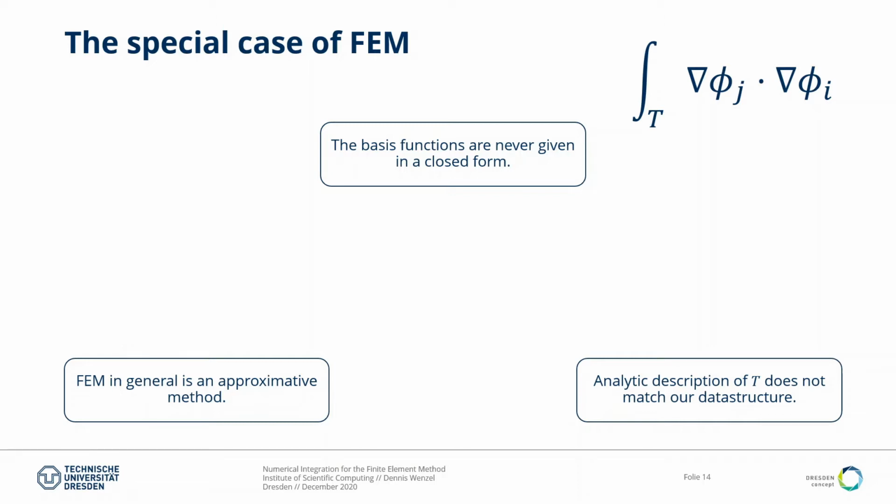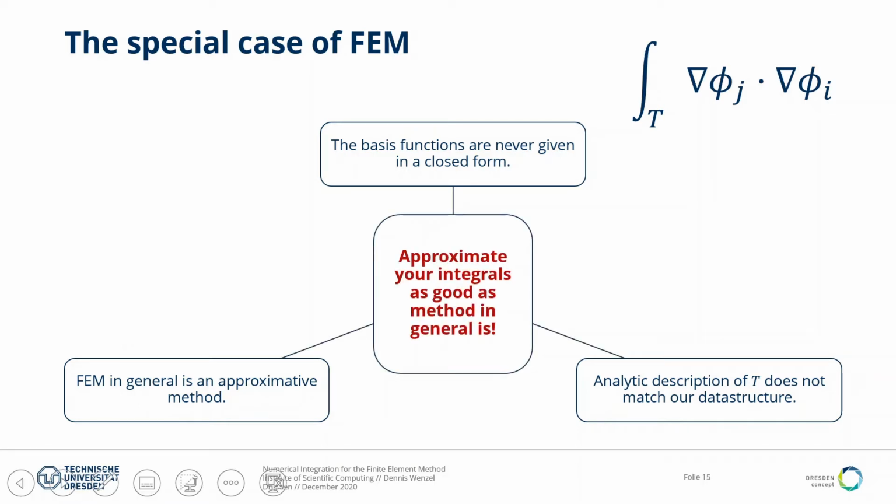So with all those things combined, we don't have a closed form representation for the integrand. The whole thing is an approximation, and we cannot really analytically describe our integration domain. That leads us to the conclusion that we don't need analytic computations for the integral values. We don't need symbolic computations, which are inefficient. We only need to approximate our integral roughly as well as the method in general is.